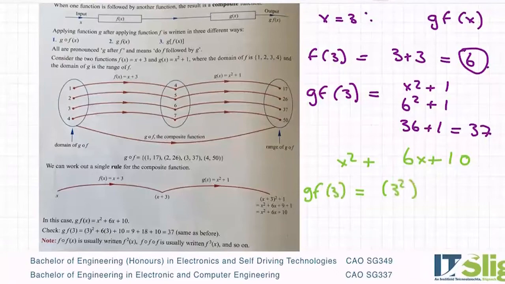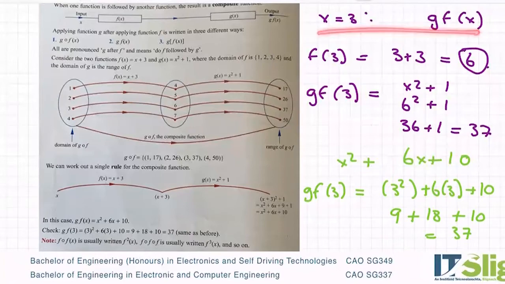So you get 3 squared plus 6 times 3 plus 10. 2 3s are 9, 6 3s are 18, and you get your 37 that way. So coming up with a single rule, you just sub the 3 in directly, or you can do it piecemeal first. You sub it into the function that's beside the number first, and then sub it into the other one. Okay, but either way, it's composite functions or linked or chained functions together.